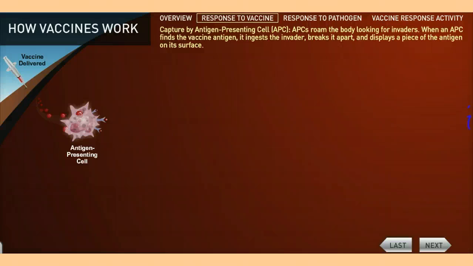So let's look at a response to a vaccine. This is a vaccine that is delivered to our cell. And as you can see, this is our pathogen, and our pathogen has antigen on its surface. So this is our pathogen, and that is the antigen found on the surface.